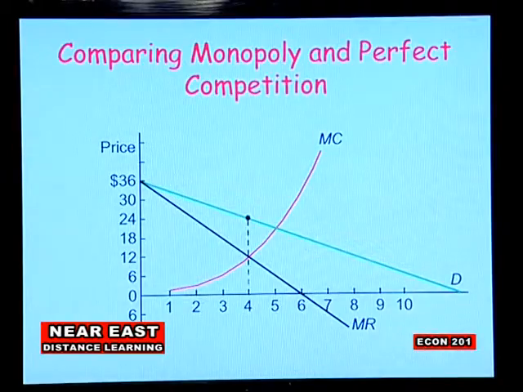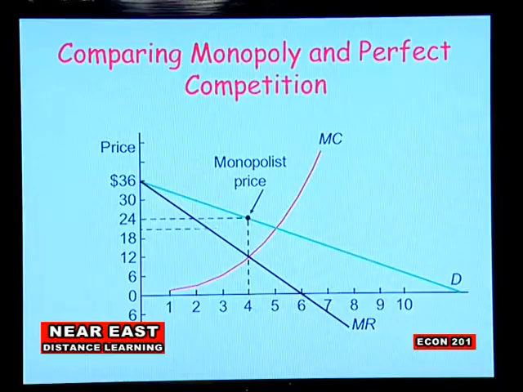Then you draw a line up to the demand curve, and the price is 24. So at this point, the monopoly maximizes its profits. So, if it were perfect competition, would there be any changes?